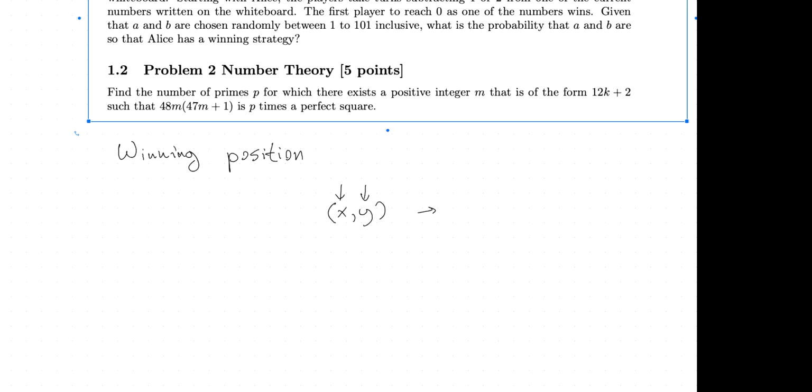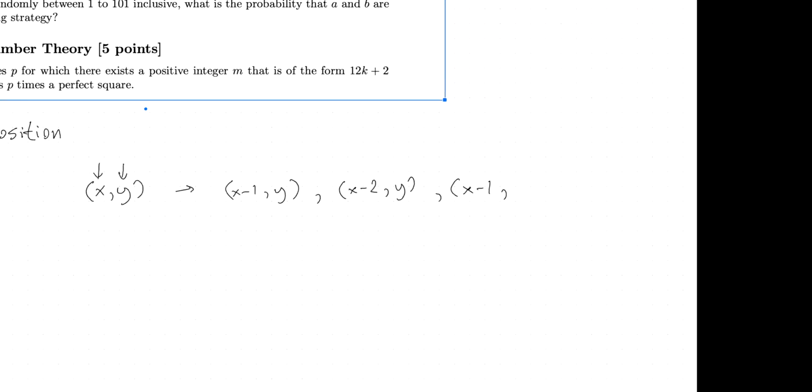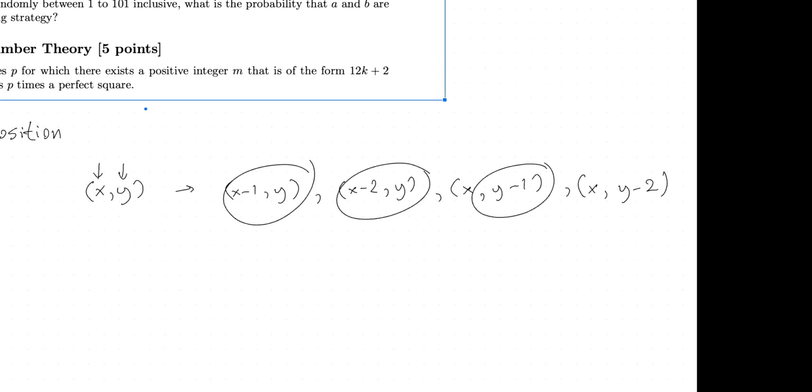Alice can remove 1 or 2 from the first number, or 1 or 2 from the second number. So Alice could do one of these moves to achieve one of these four pairs of numbers after she makes a move from this position.